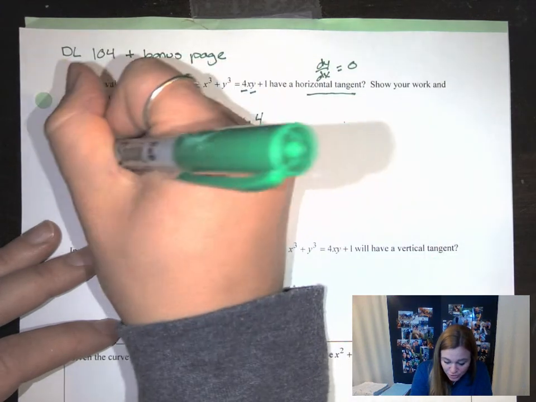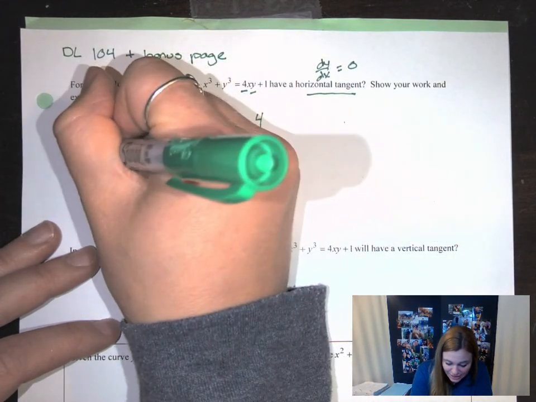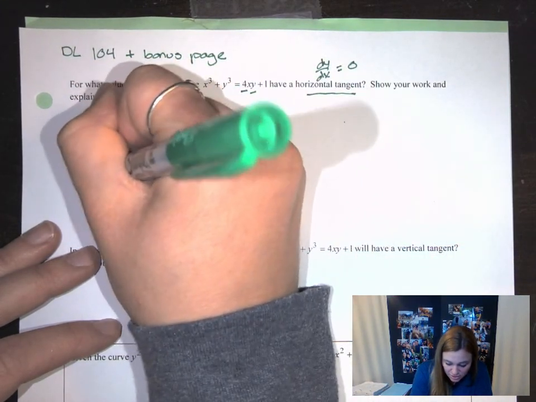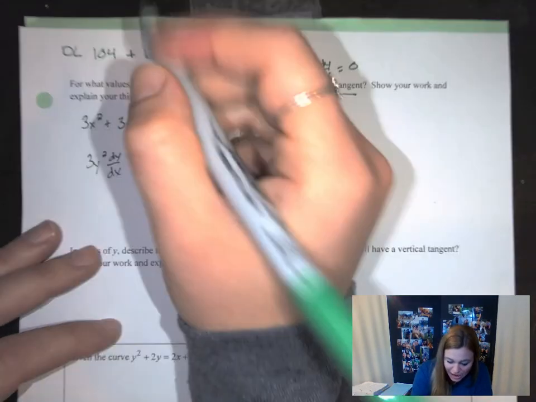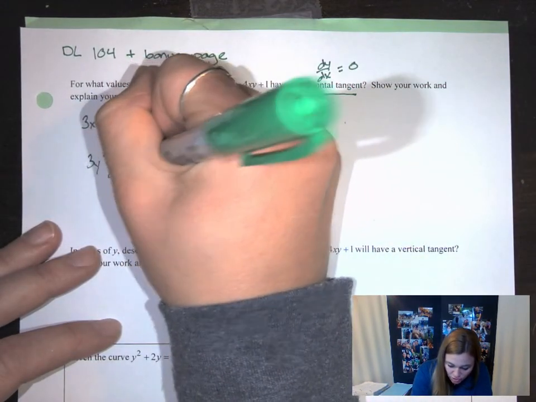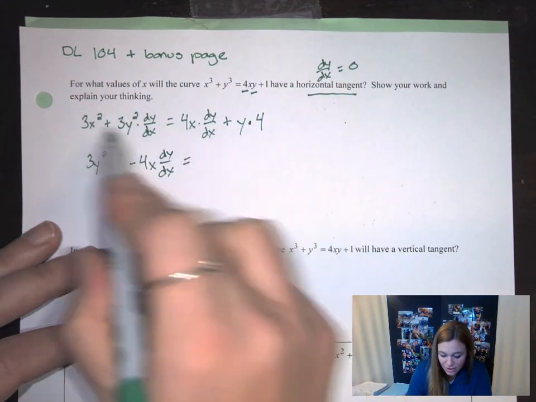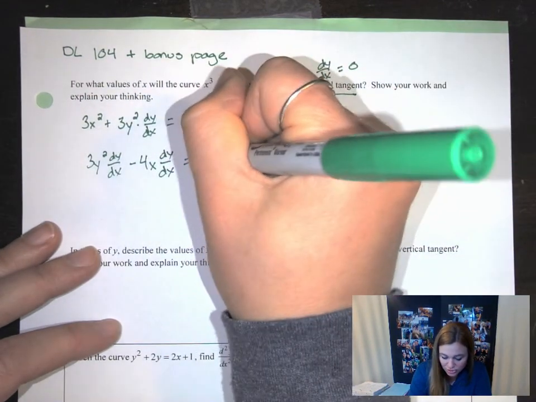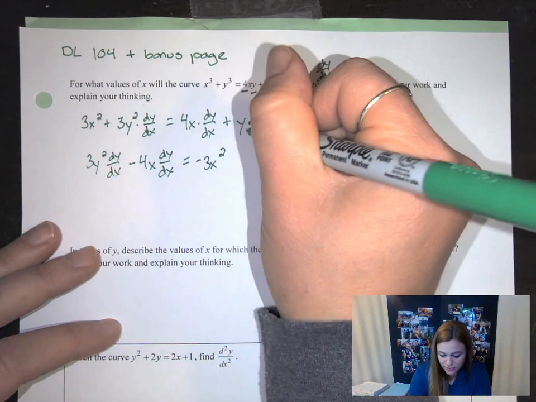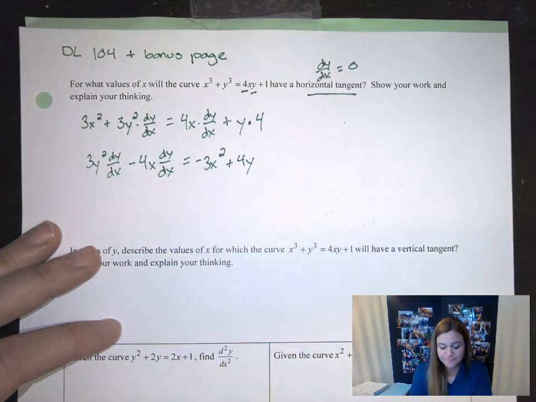The next step is you want to get anything with the dy/dx on one side, everything else on the other side. So I'm going to subtract this 4x dy/dx. And then on the other side, I'm going to subtract 3x squared from both sides, and I get to keep the 4y.